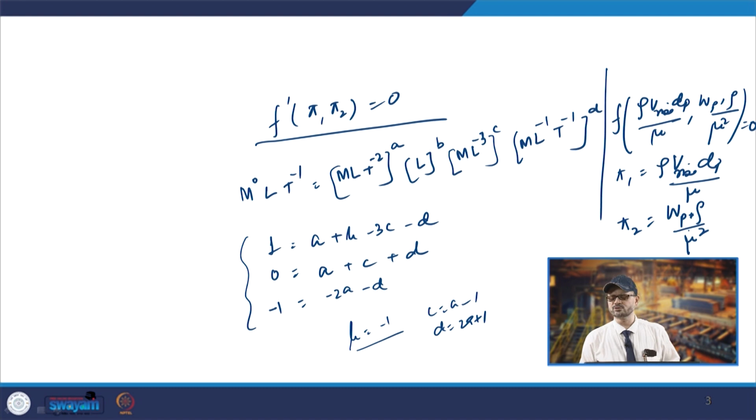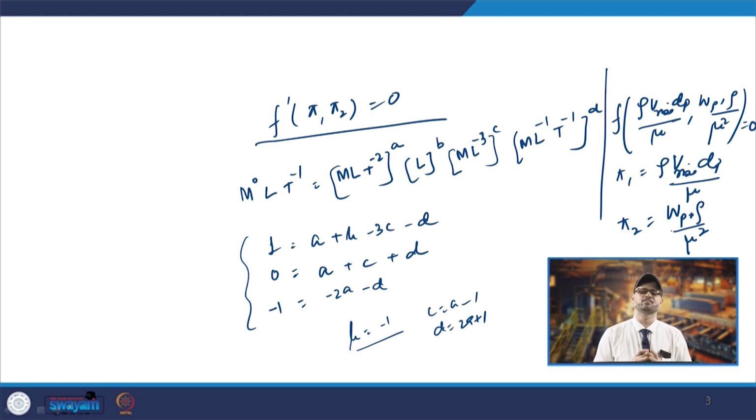If you look at these numbers, the first is analogous to the Reynolds number which we have studied, rho v d upon mu. And the other is another dimensionless group.